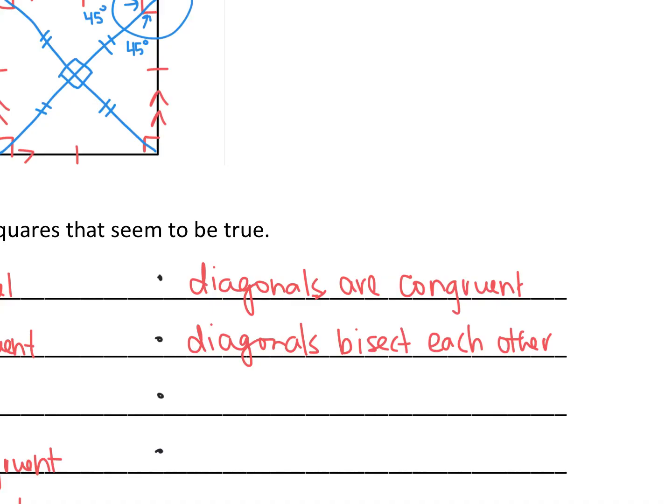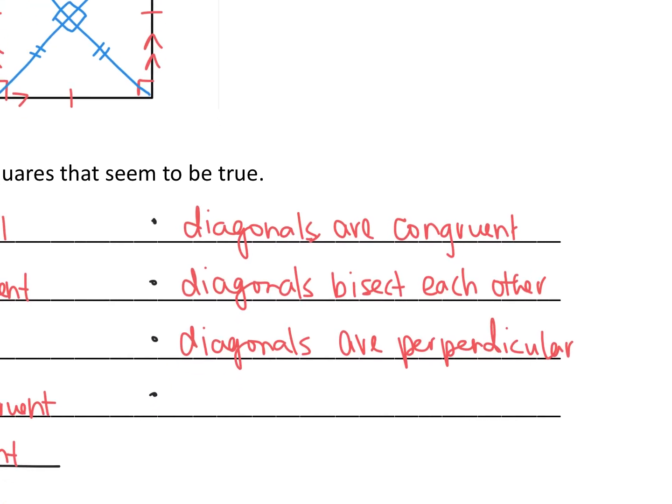Okay, what else can we say about the diagonals? Just like a rhombus, the diagonals form 4 90-degree angles in the middle. So diagonals are perpendicular. Okay, perpendicular, I'm missing an R. Perpendicular.